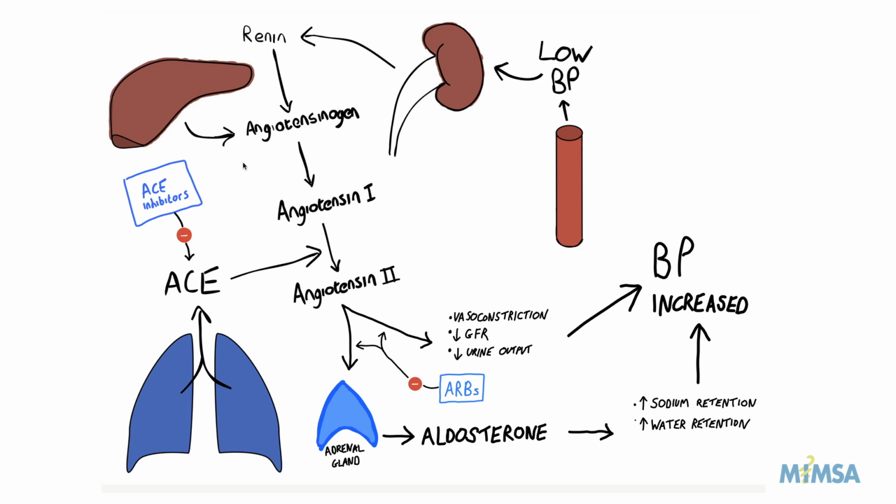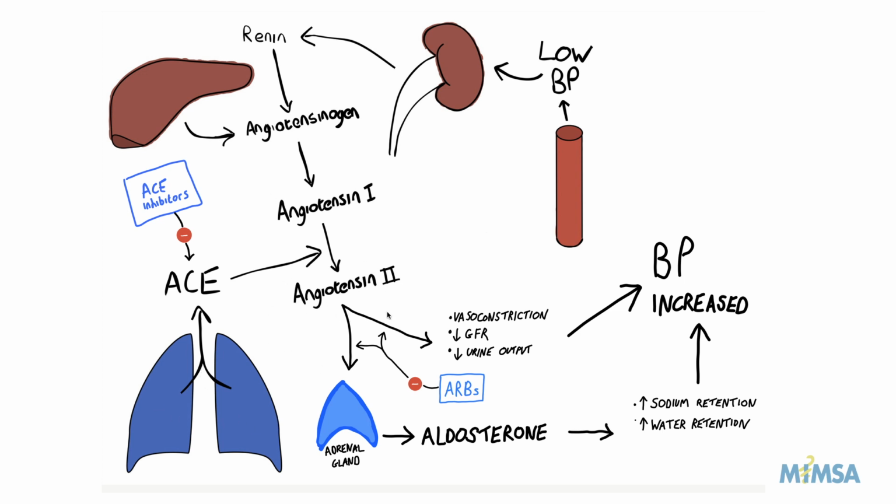Renin acts upon angiotensinogen, which is synthesized in the liver. Angiotensinogen gets converted to angiotensin 1, which then gets converted to angiotensin 2 by the angiotensin converting enzyme, located in the lungs.